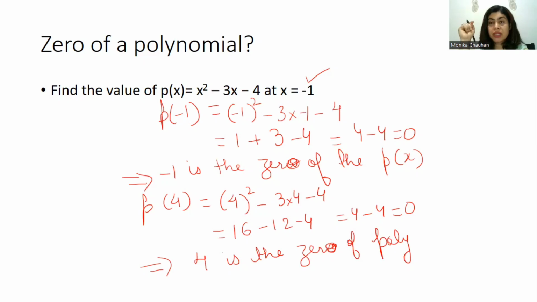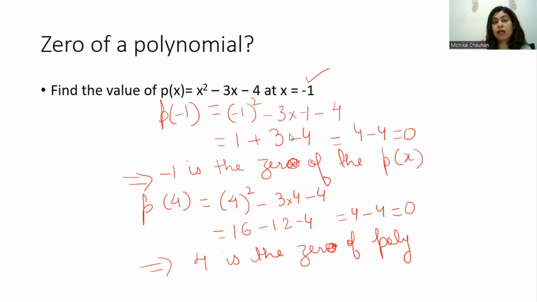Is it making sense to all of you? When I put x as -1, after solving I get 0, then it is the 0 of that polynomial. And I check it again with another value. When I put the value as 4, even then I'm getting 0. That means there are two zeros of this polynomial, -1 and 4.